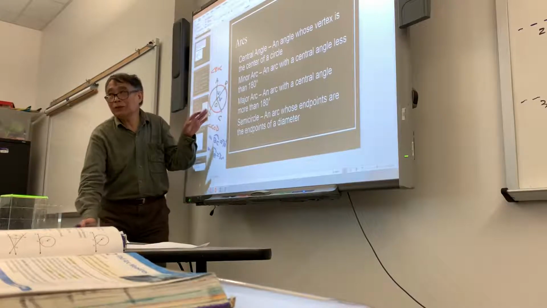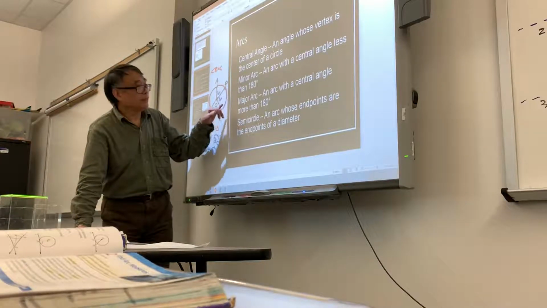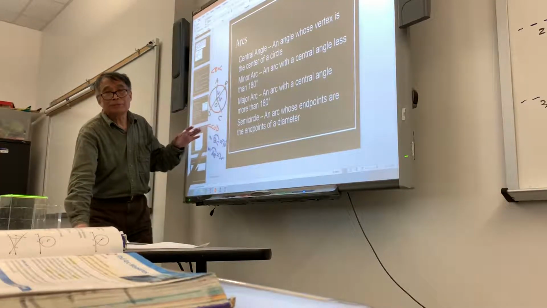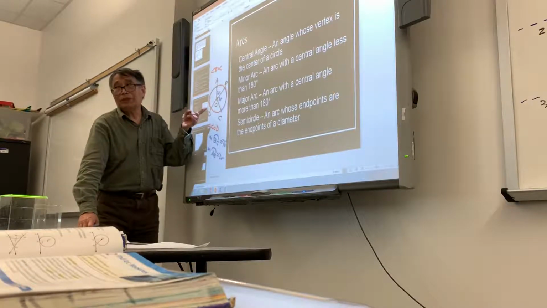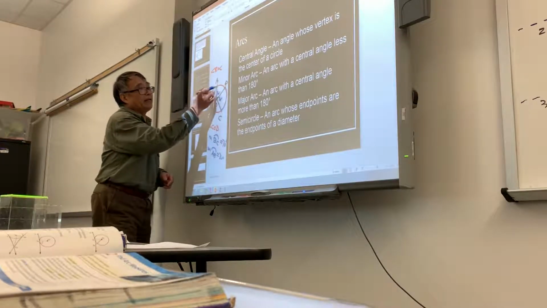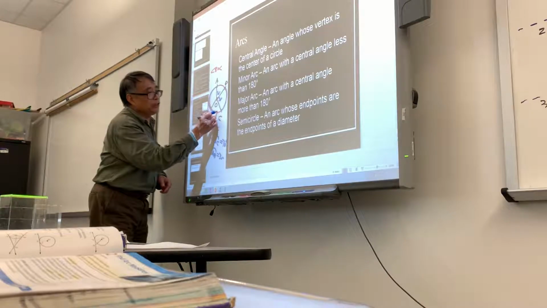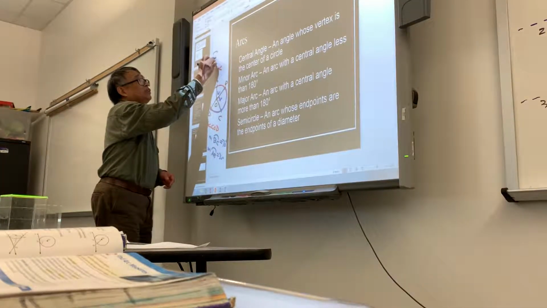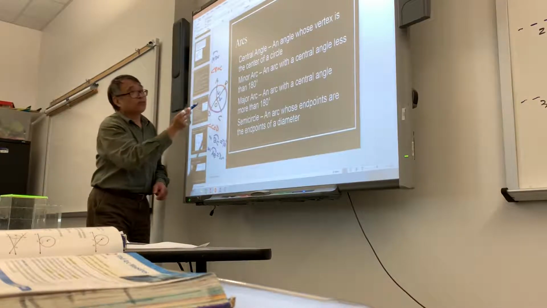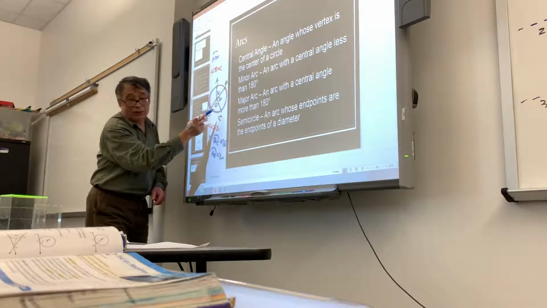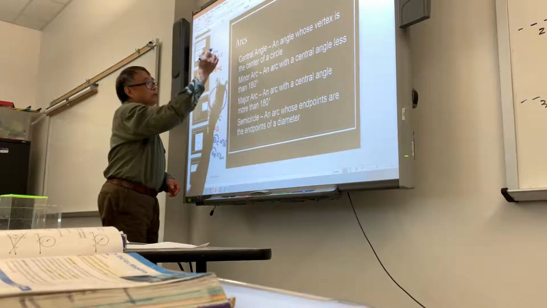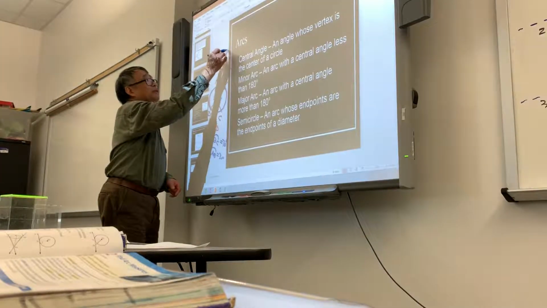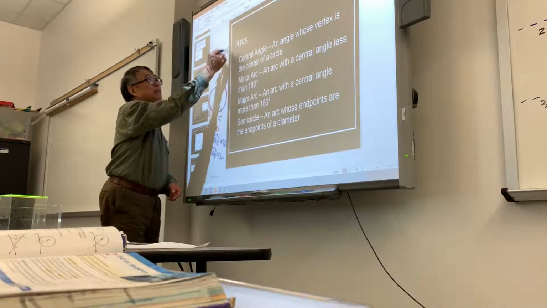So central angle's measurement is the opposite arc's measurement. For instance, A through D to C. So arc ADC means from A through D to C equals 150 degrees, just for example.